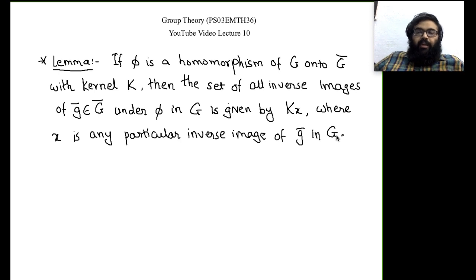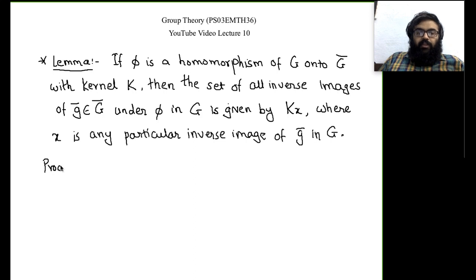But if we take an arbitrary element G bar, then we cannot always find the set of inverse images. But if we know one particular inverse image, say x is the inverse image of G bar, that means phi of x equals G bar, then we can find all of them using the kernel. So the set is nothing but Kx. We have seen one example of this in the last video at the end.